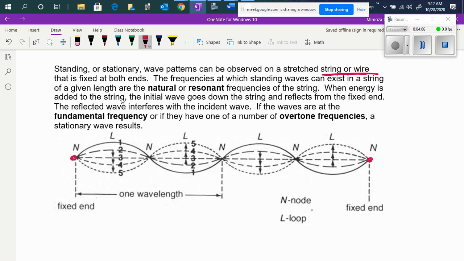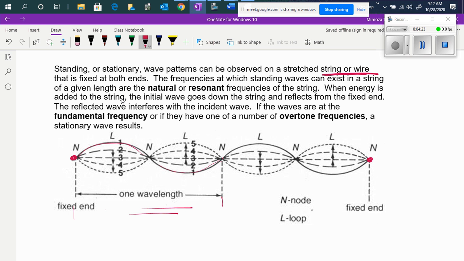Again, the same principle that we did: one complete revolution of the whole wave will give us the wavelength.